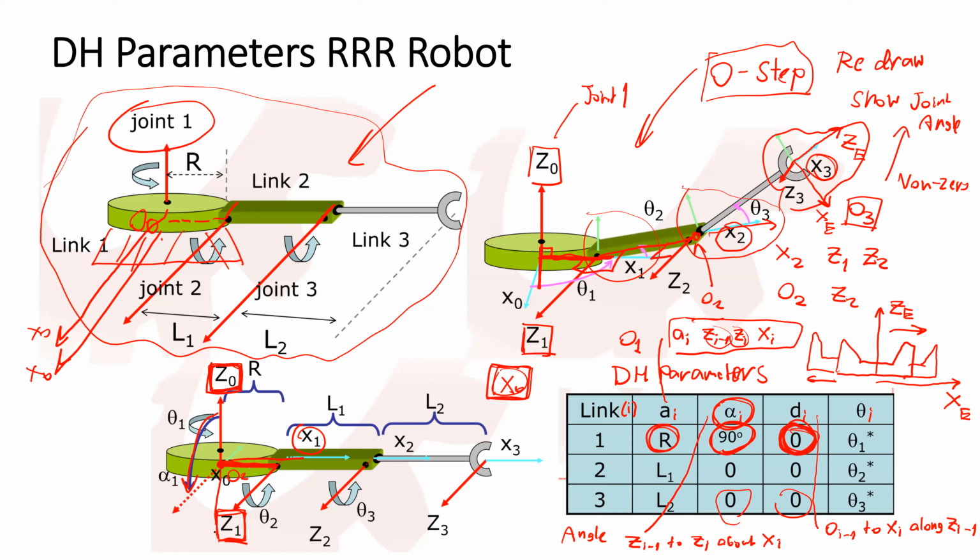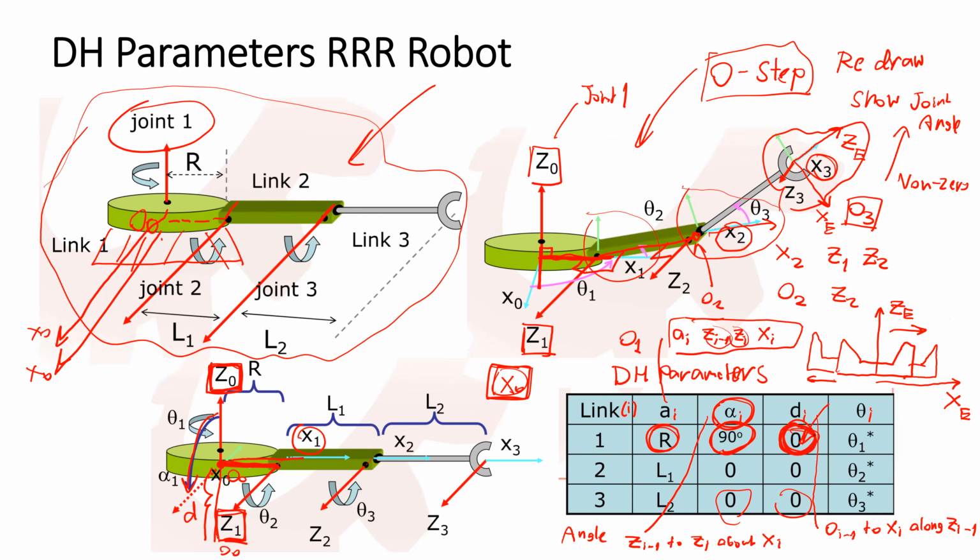But if you set O0 somewhere beneath the level of the joint axis here, you will find the joint offset here.